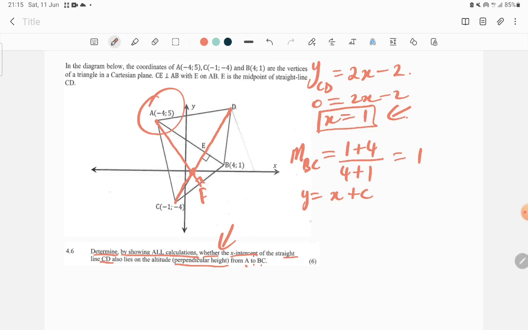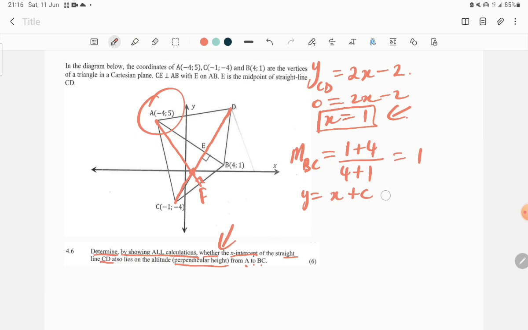Now the point A, y is 5 there, then x is negative 4. Then plus c. For now, this is what we have. Then we have this kind of situation.